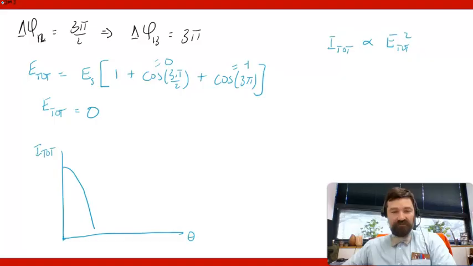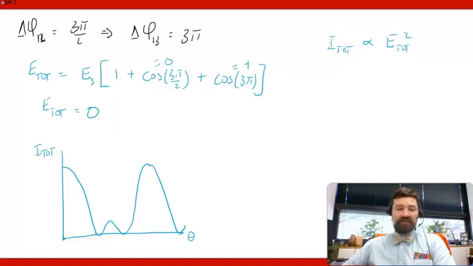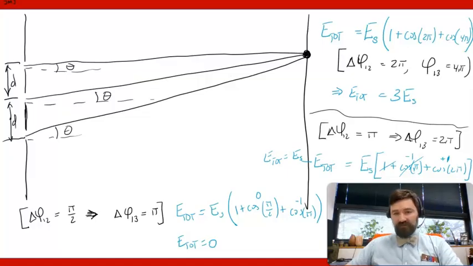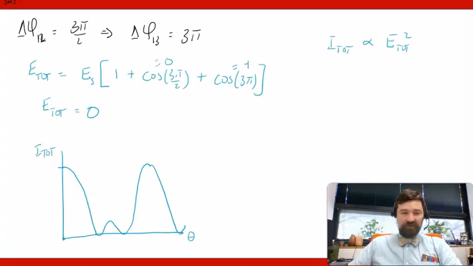This falls off to 0 and then rises back up and then falls back to 0 again, and then rises back up to the maximum, falls down here to 0, rises, etc. From our previous discussion, figuring out what the E field strength is for each of these locations, where we have 3 E_s, 1 E_s, or 0 E_s, we can kind of label on this one. Remember, we got to square everything, so 3 squared is 9.